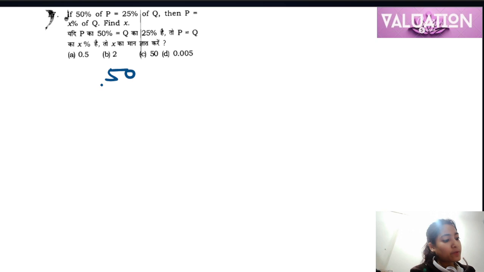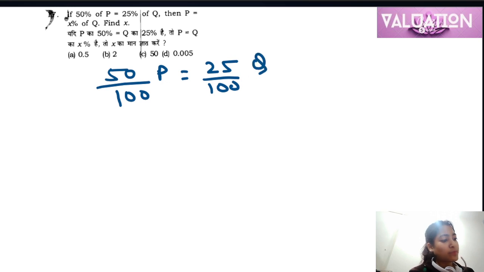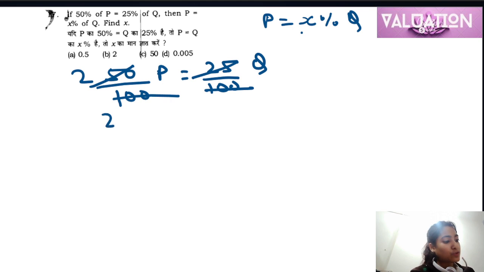If 50% of P is equal to 25% of Q, then P is equal to x% of Q. Okay, so we have to find the value of x. So let us solve it. 2p is equal to q.